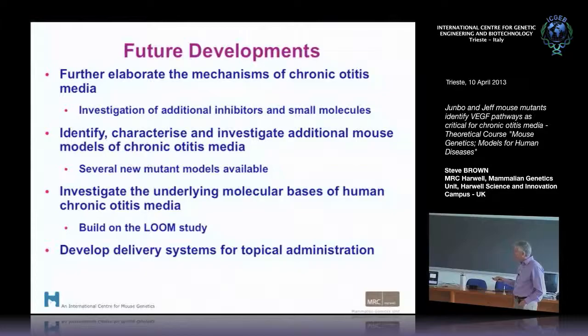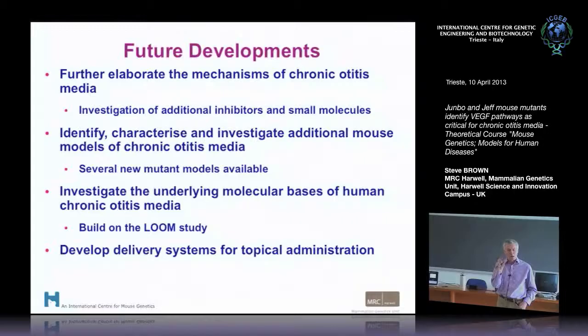And of course, last but not least, if we want to get these drugs into the middle ear, we've got to think more about the delivery systems, and the mouse can be a test bed for this. We need to think about how do we get those compounds across the tympanic membrane into the middle ear. And we're looking at various technologies that make the tympanic membrane more permeable to drugs, all the way from patches that you put on the tympanic membrane to compounds that you can use to make the tympanic membrane more permeable, and you could use in eardrops that you put into a children's outer ear.